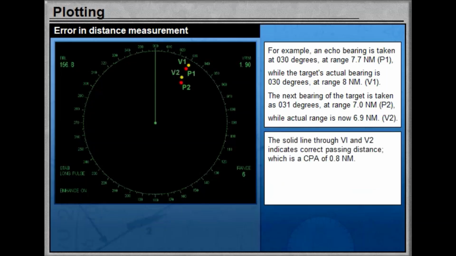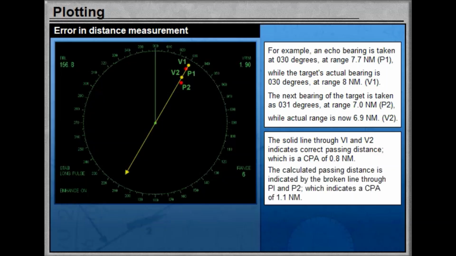The solid line through V1 and V2 indicates correct passing distance, which is a CPA of 0.8 nautical miles. The broken line through P1 and P2 indicates the calculated passing distance, which indicates a CPA of 1.1 nautical miles.